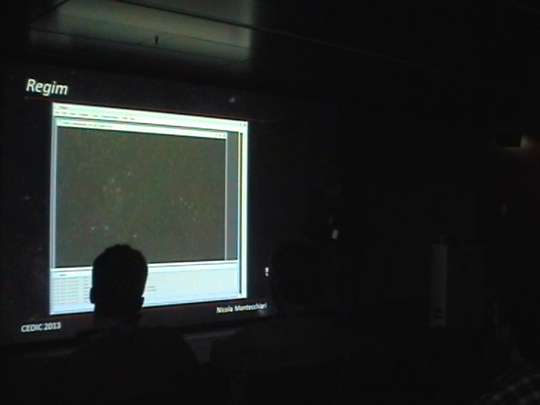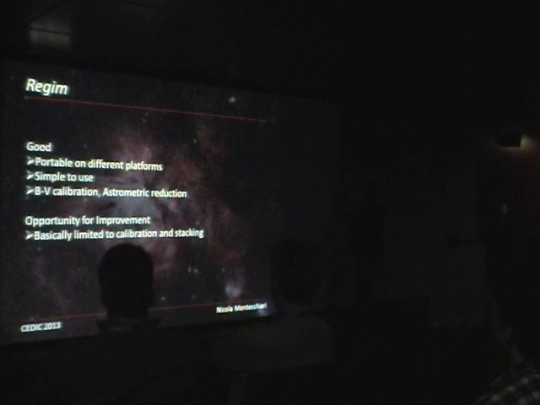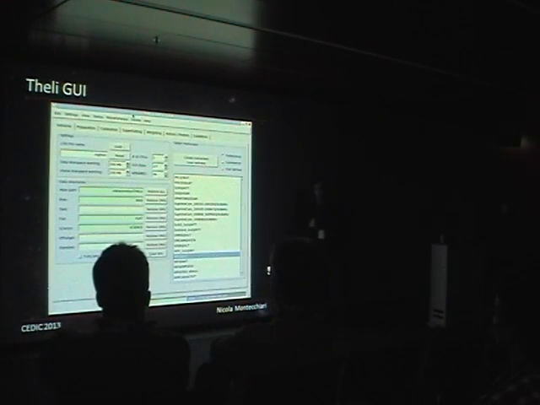It has very few features concerning contrast enhancement, but it has a nice feature regarding, for instance, the BV calibration, star calibration, in order to have better balanced color images, and the astrometric reduction as well.